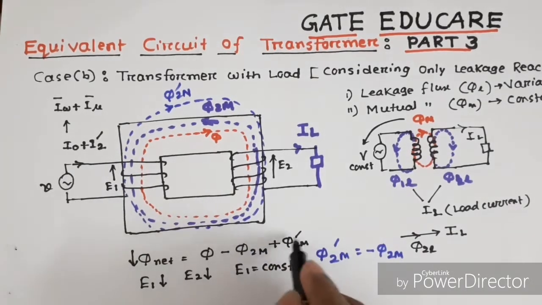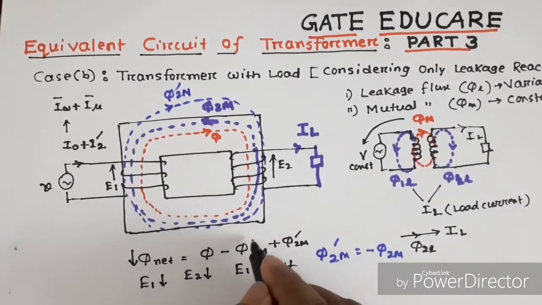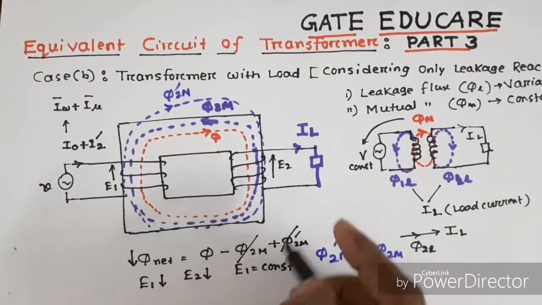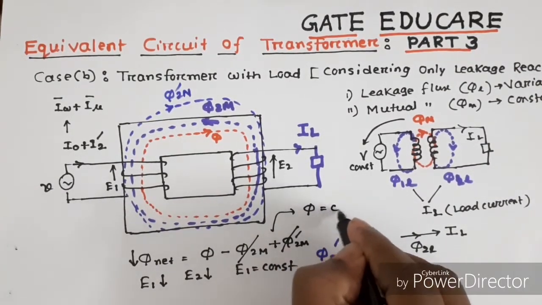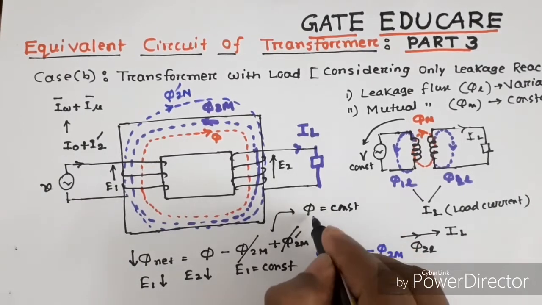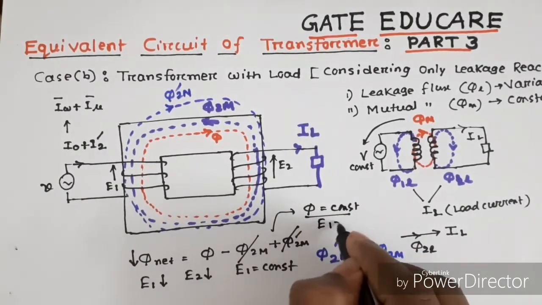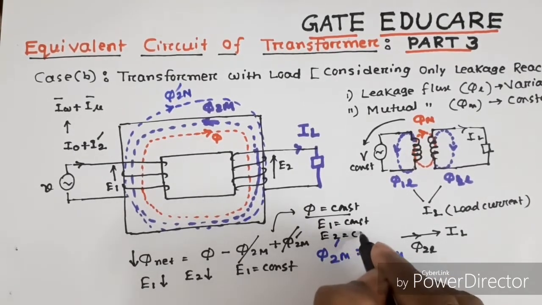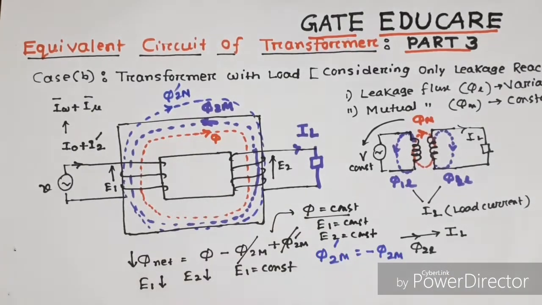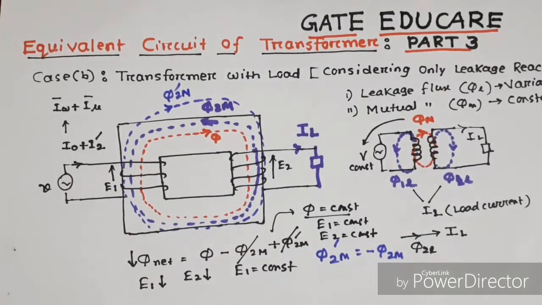Since these are equal, these two terms will cancel out. As a result, the working flux phi remains constant, E1 will be constant, E2 will be constant, and the transformer works properly.